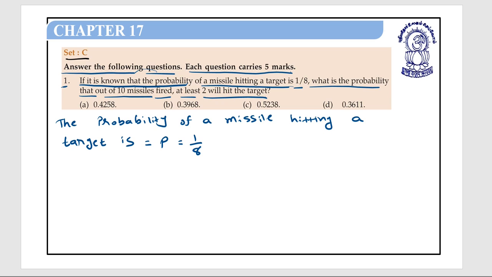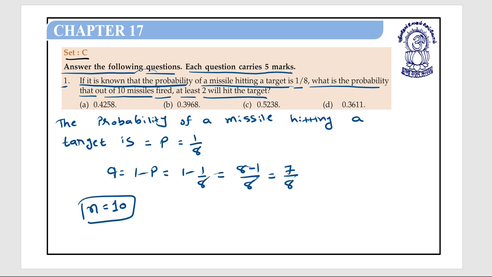So, you can easily find out Q from P. 1 minus P, 1 minus 1 by 8, 8 minus 1 upon 8 is equal to 7 by 8. 10 missiles, total number 10 given, n is equal to 10, P is 1 by 8, Q is equal to 7 by 8.